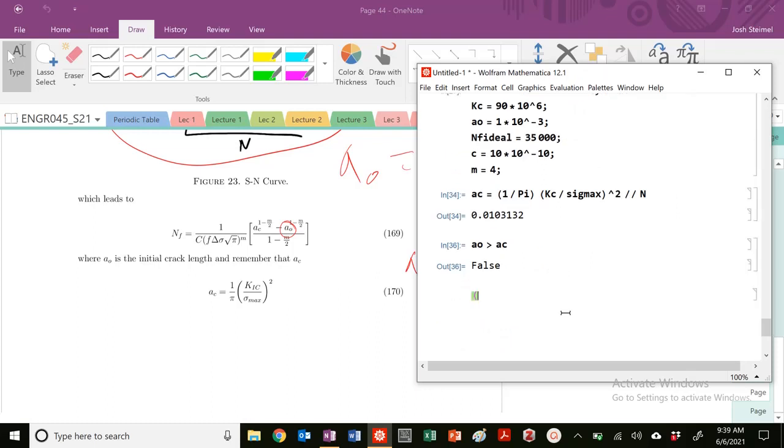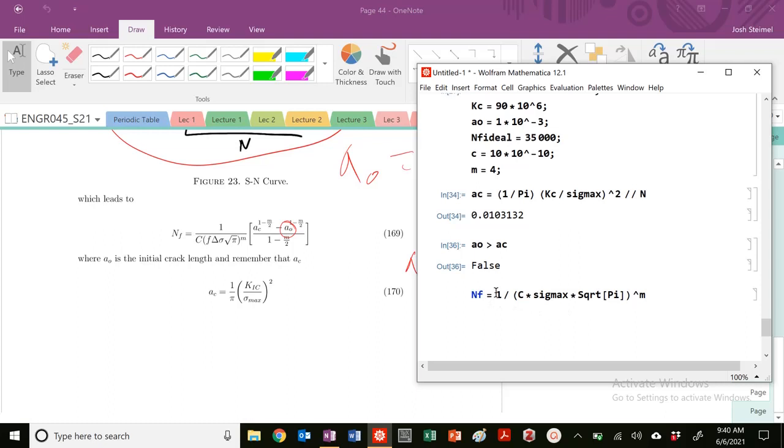So let's go ahead and just solve for N_F. It's going to be equal to the following. 1 divided by C times F, which is just a geometric factor. Delta sigma is just our sigma max, because in this case we have a maximum stress of 500 megapascals and our minimum is 0, so delta sigma is sigma max minus sigma min. So sigma max times the square root of pi, and then this is to the m power.